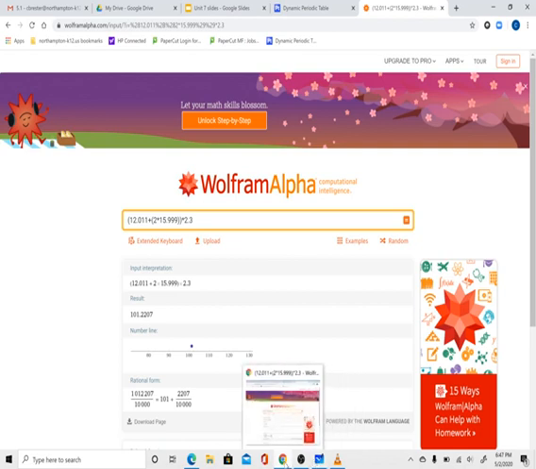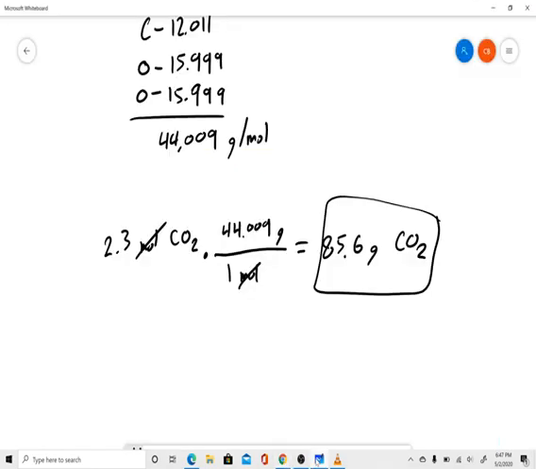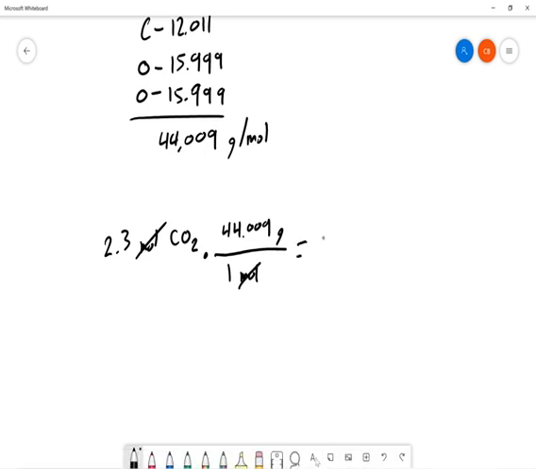So this is actually 101.22. My apologies there. There we go. That makes more sense mathematically to me. So if you had 2.3 moles of CO2, it should weigh 101 grams.